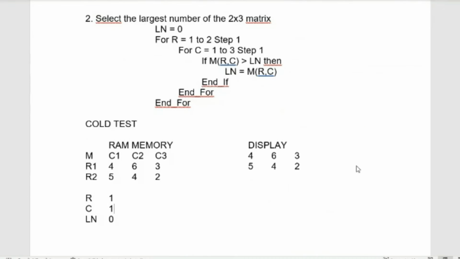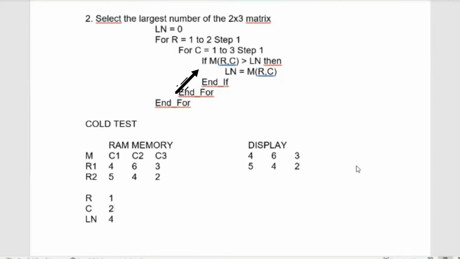The question, if matrix M, row R, column C, that means this 4, this is the row 1, column 1, is greater than Ln, the answer is true. So Ln is equal to matrix row 1, column 1. And if not, increase C in 1, that is 2.